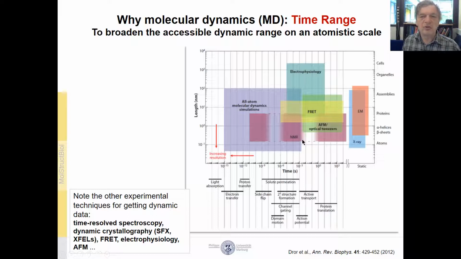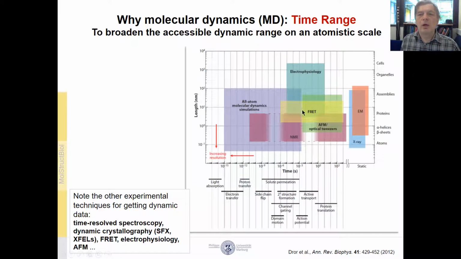For example, the flipping of an aromatic residue within the hydrophobic core region of a protein, or maybe the flipping of a nucleobase from a double-stranded nucleic acid. You can trigger it, and then follow this kind of movement a bit.